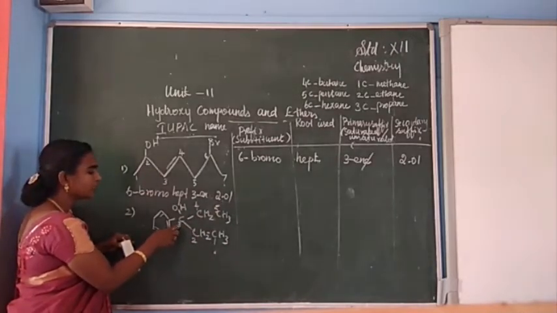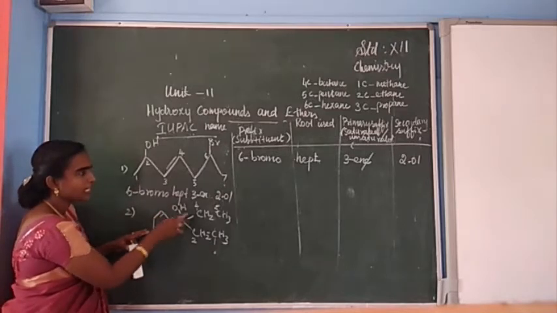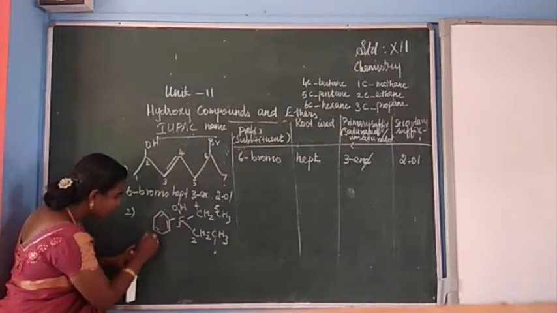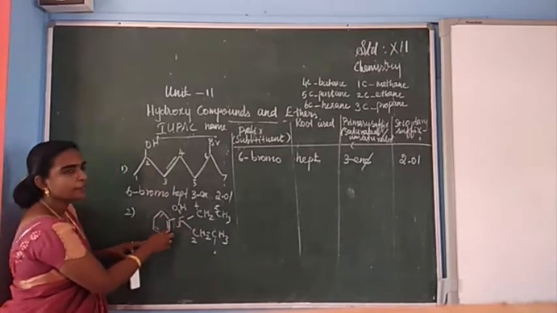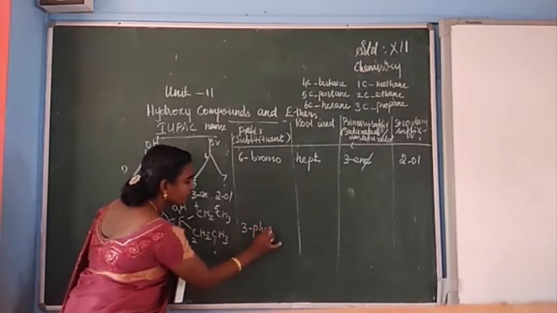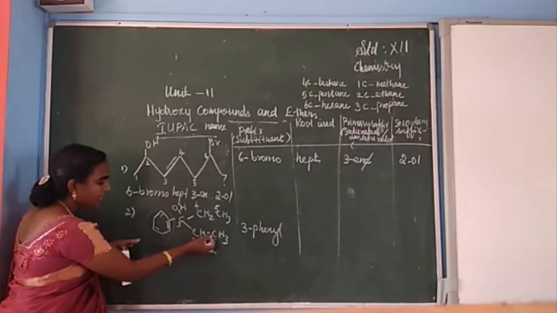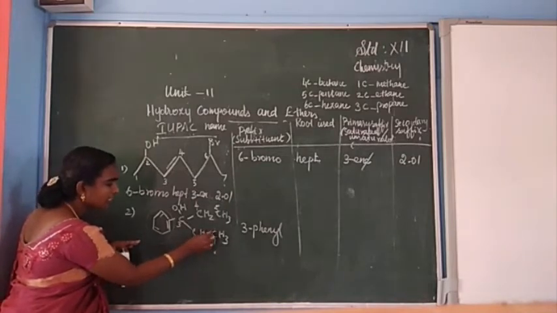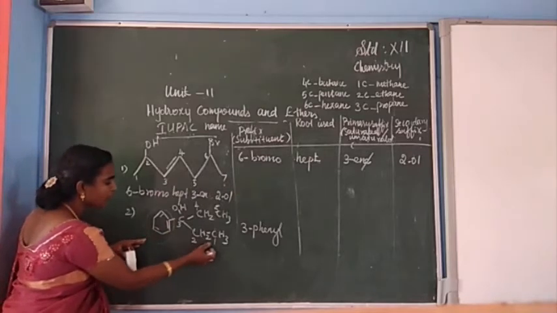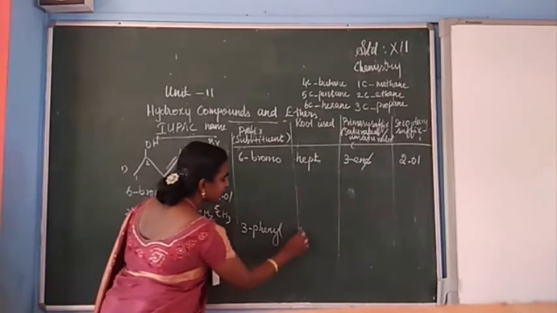So in this 3rd position you are having one functional group, isn't it? So for the name of this compound, at the 3rd position, this substituent is taken as a prefix. So it is 3-phenyl. Next, whether it is saturated or unsaturated, root word must be 1, 2, 3, 4, 5 carbon, it is pent.